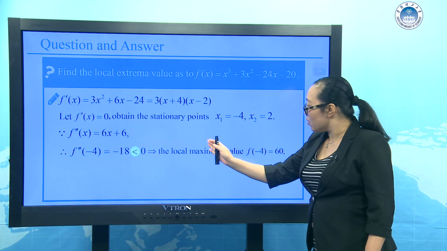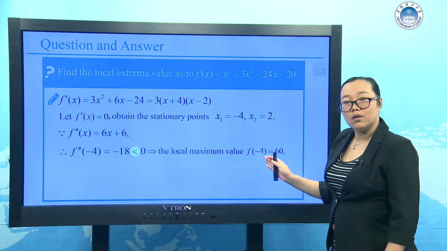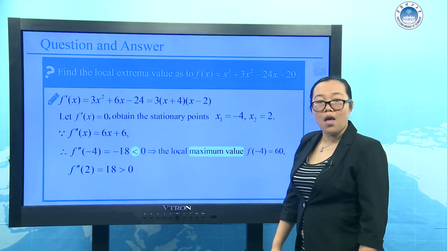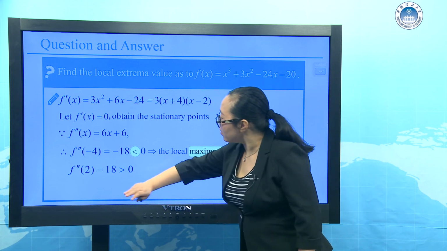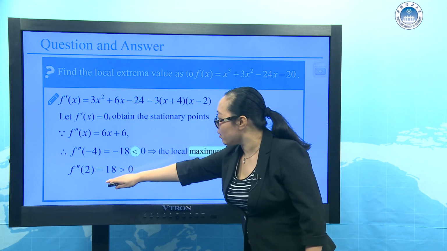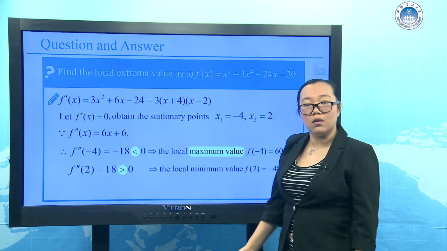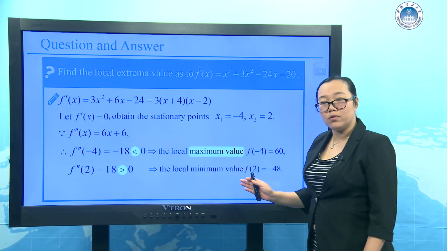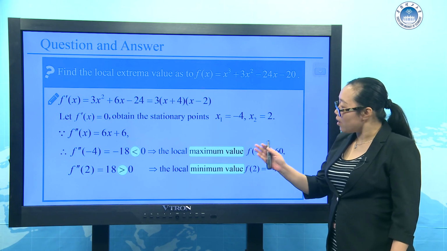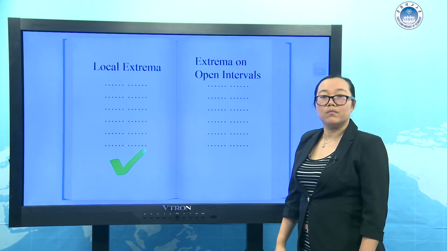So the local maximum value is f of minus 4, and the value is 60. Then determine f double prime at the other stationary point 2. The sign equals positive 18, greater than 0. At this time the local minimum value f of 2 equals minus 48. Remember, less than 0, maximum; greater than 0, minimum.